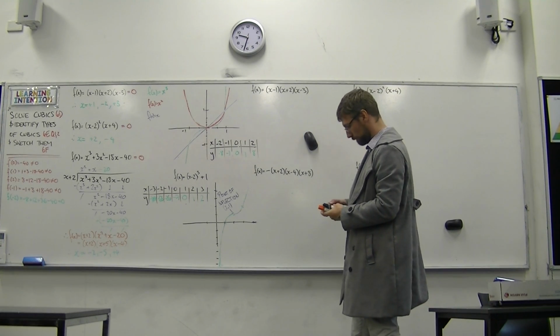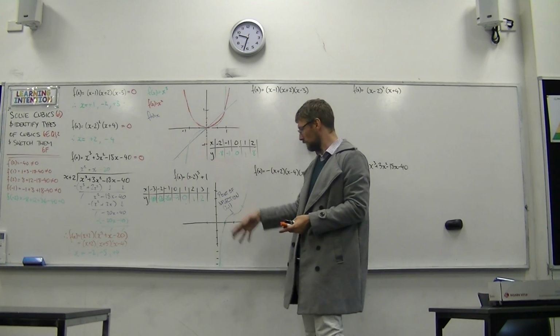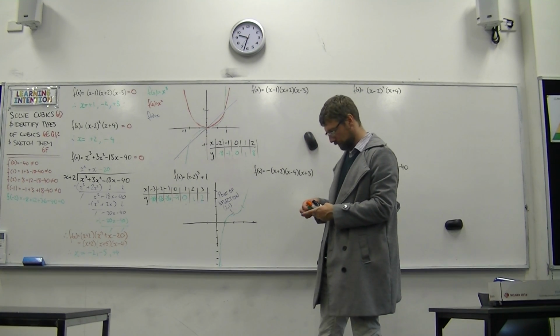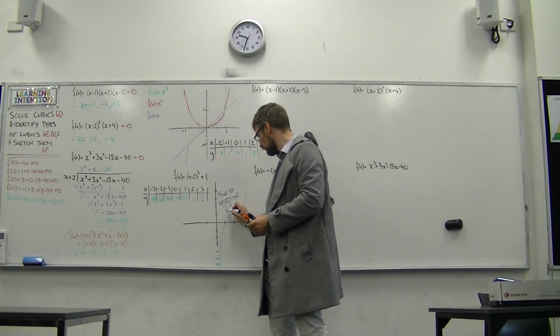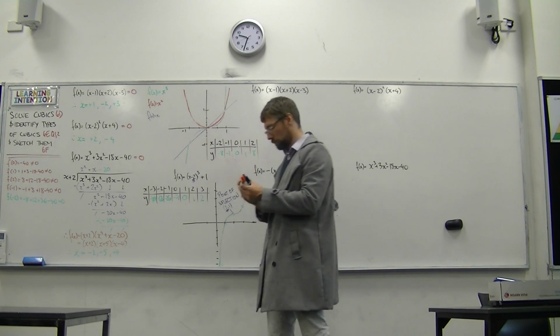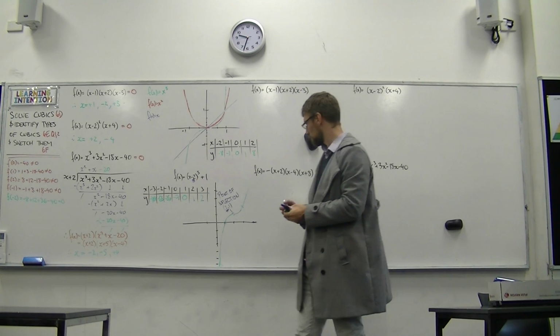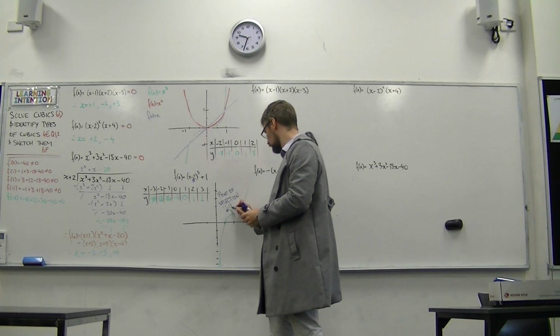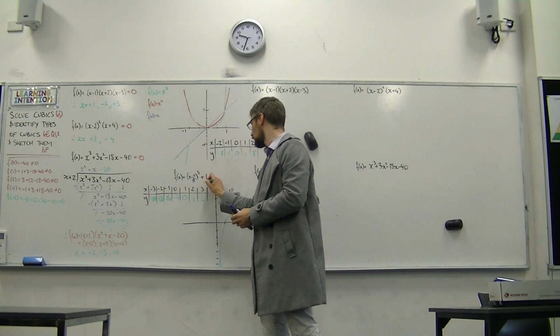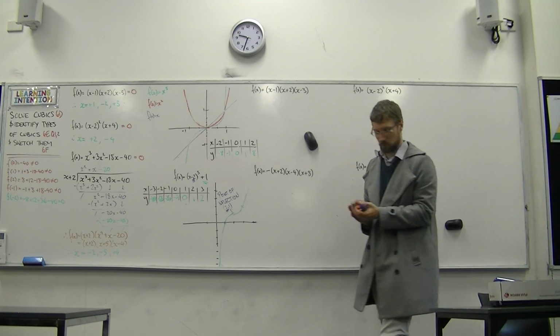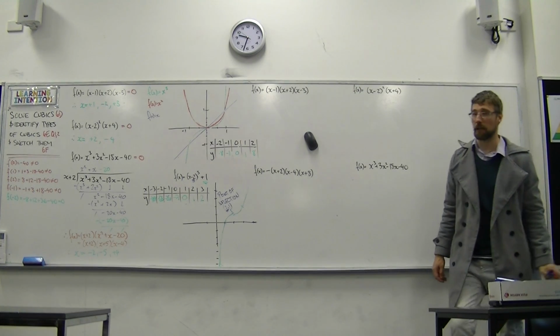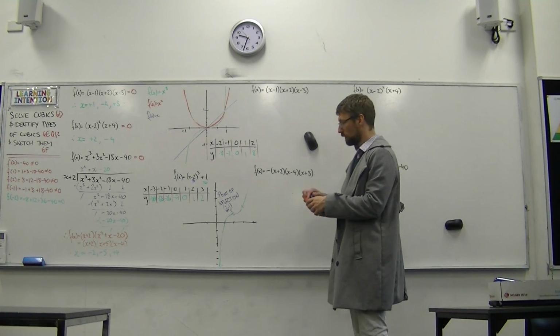Well, that's interesting. Because of all of the places where this point of inflection could have ended up, it ended up at 2, 1. It's that H and K stuff. Right, H and K stuff.